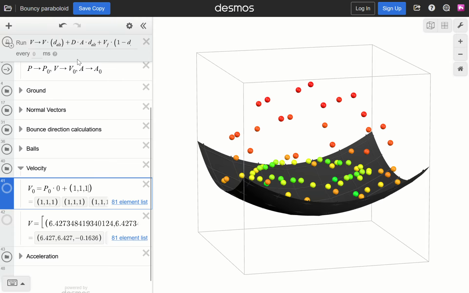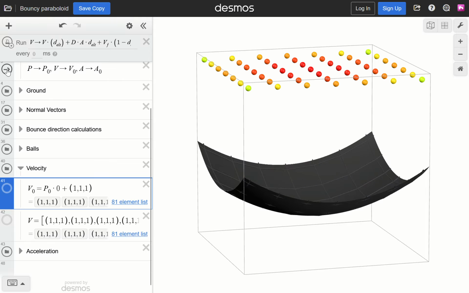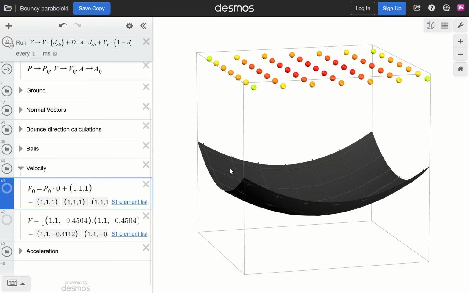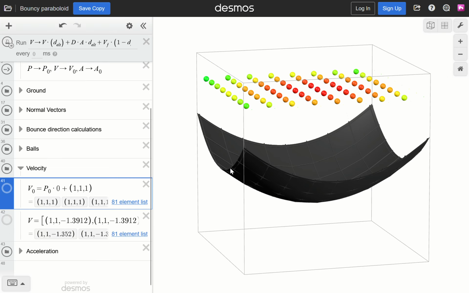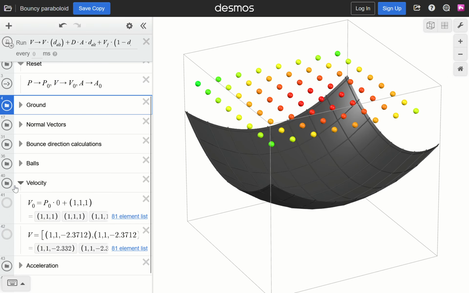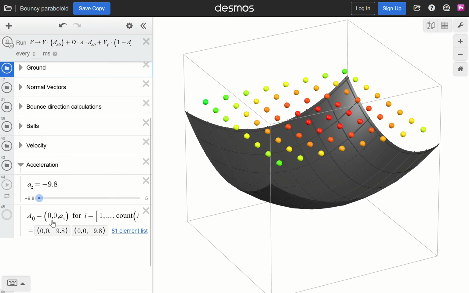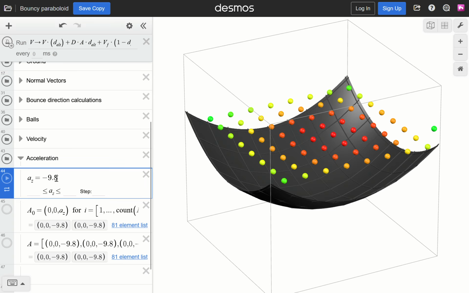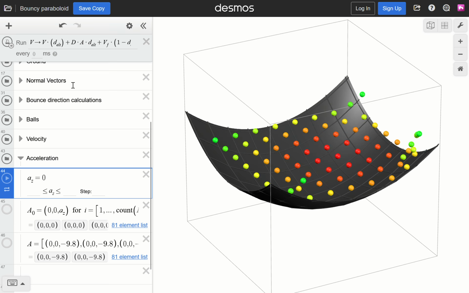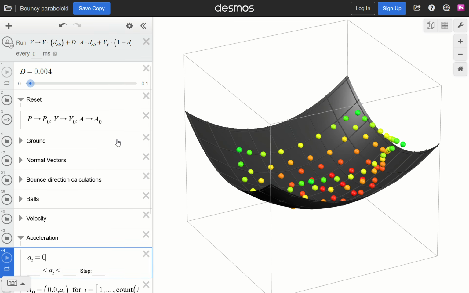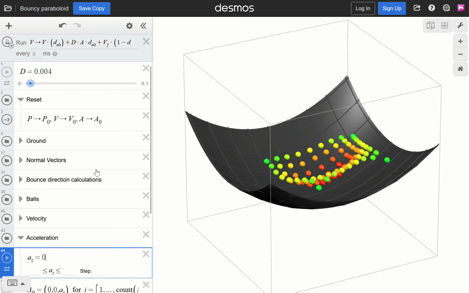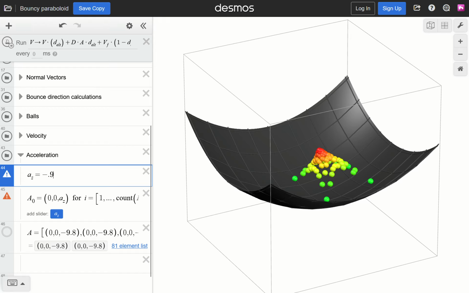I can make them bounce up, for example, at the start, so that they'll move like that instead, and they'll just do their thing, bounce off the surface as they normally would. I can also change the initial acceleration. So we see that we have acceleration here at the moment. If I wanted to, I could make that 0, so that when I reset it, it'll be a simulation with no acceleration instead of negative 9.8.